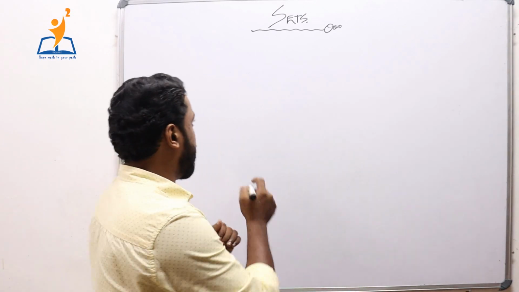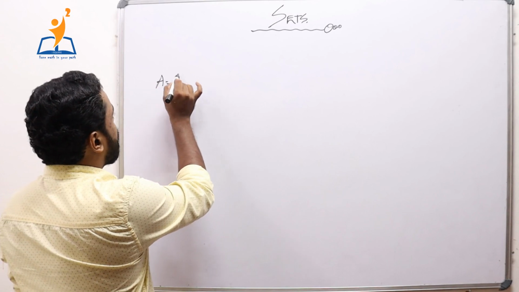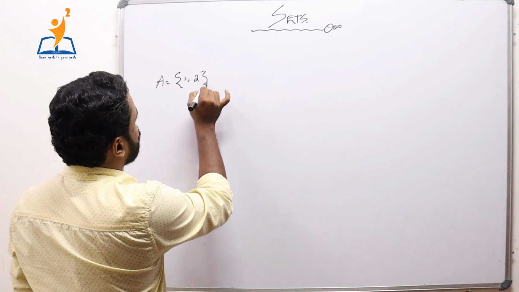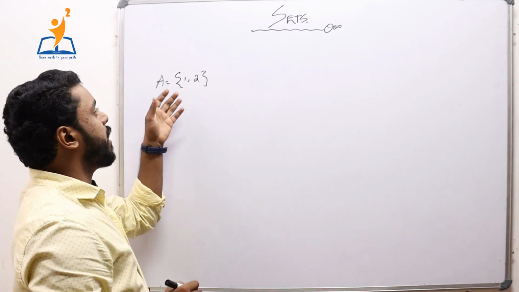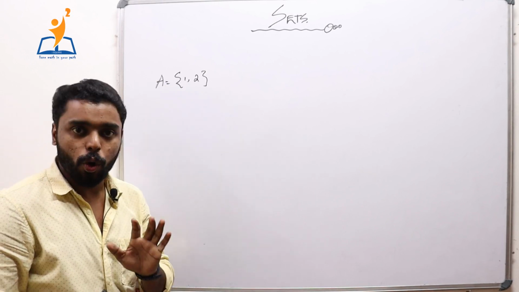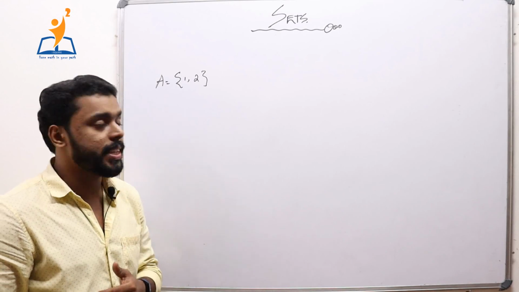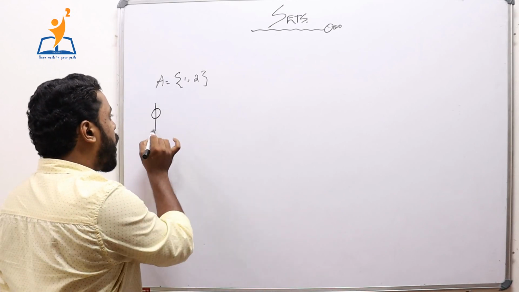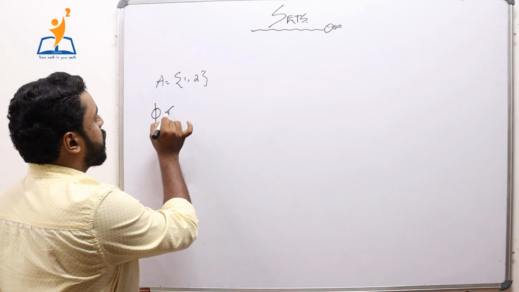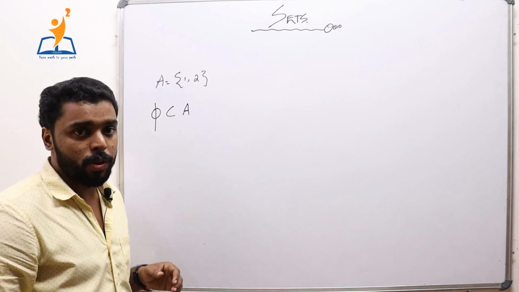Now consider the set A equal to {1, 2}, which means that the set A contains two elements, namely 1 and 2. Now we are going to find all the subsets of this set. We know that phi is a subset of every set. So phi is a subset of A also.